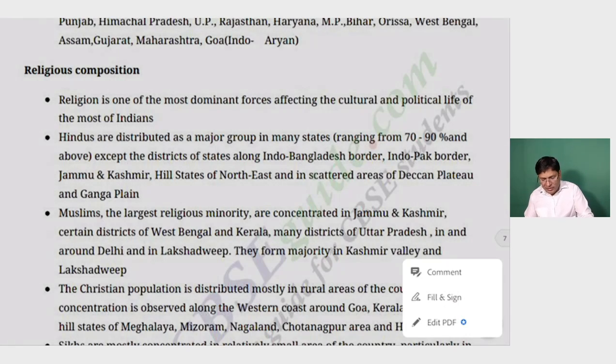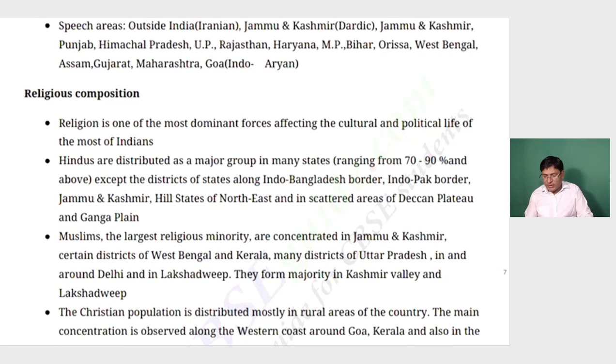In India, as you know, it is a Hindu dominated country, and the most number of the population in India follow the Hindu religion. So most of the states are dominated by the Hindus, and the Hindu population in those states is around 70 to 90%, and even in some states it is more than 90%.